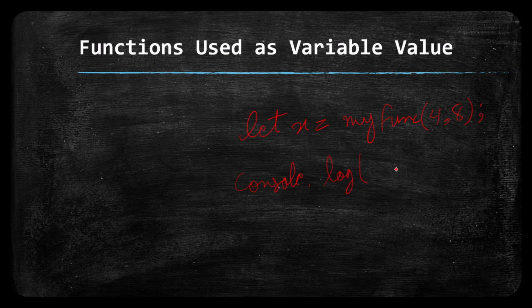In that, if I use my func 4, 8 etc., that is wrong. You cannot use it like that. You will use it like this because we converted that function into a variable. So console.log, that's all, it will show the function. So this variable can be used as a function anywhere. So I will show you in VS Code how to use it.